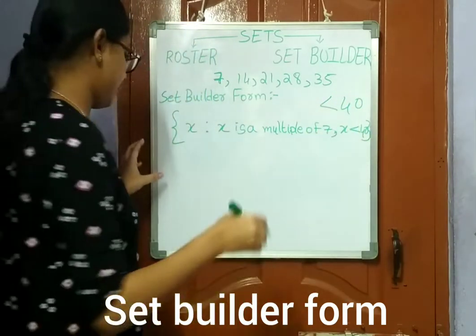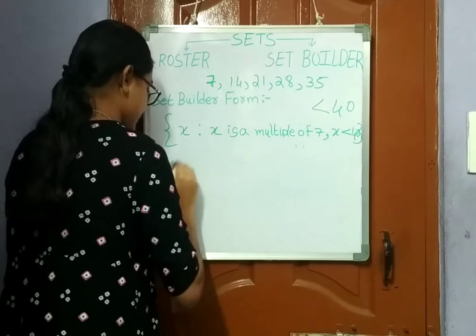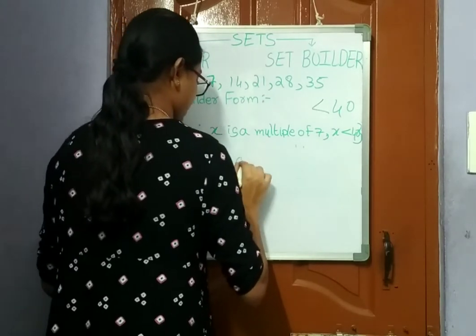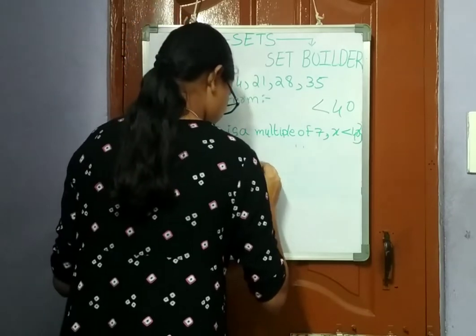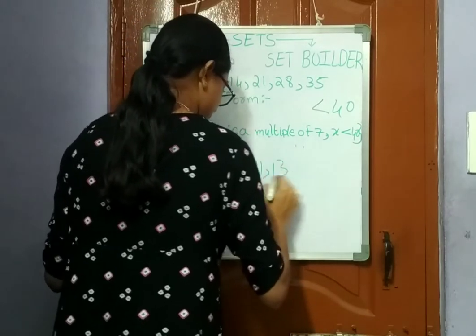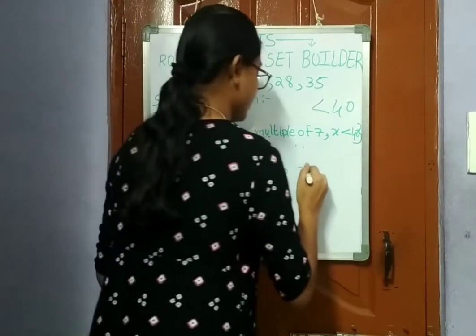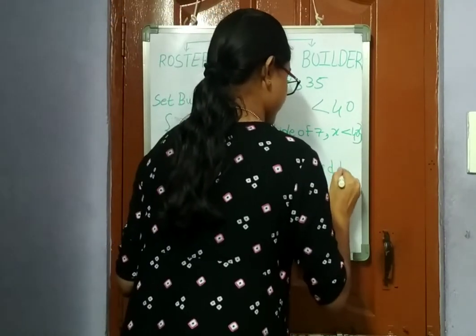Let's take another example also. Let's take the example as 5, 7, 9, 11 and 13. As you can see, 5, 7, 9, 11, 13, these all are odd numbers.